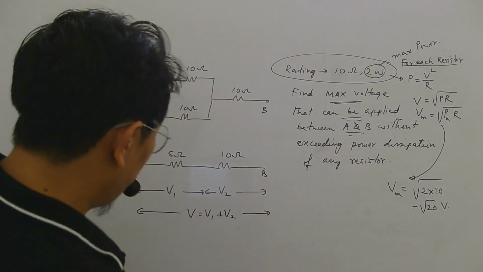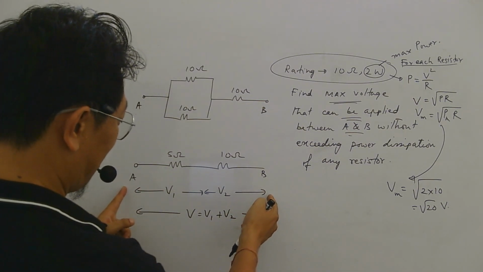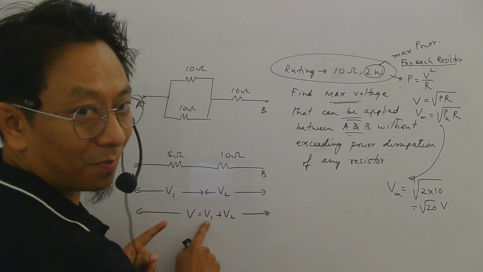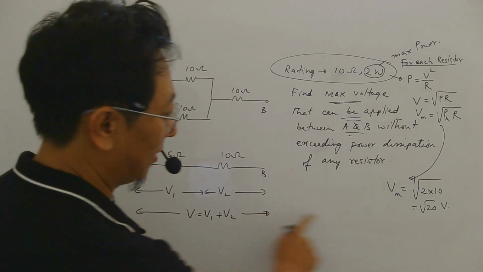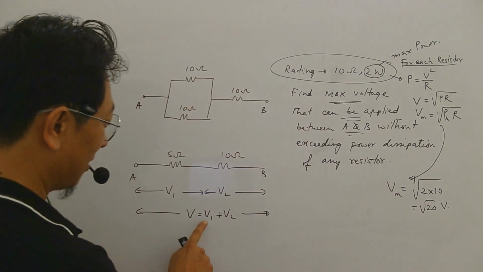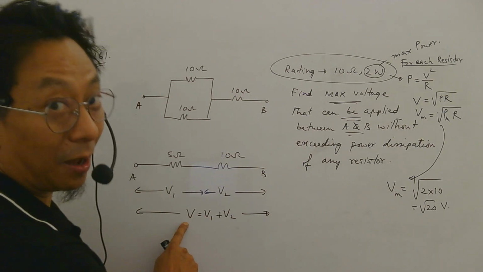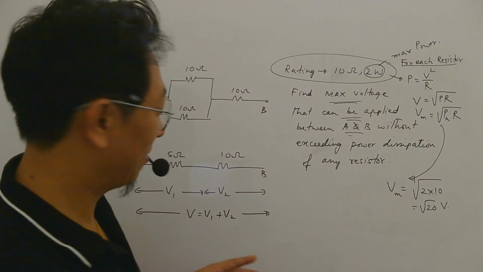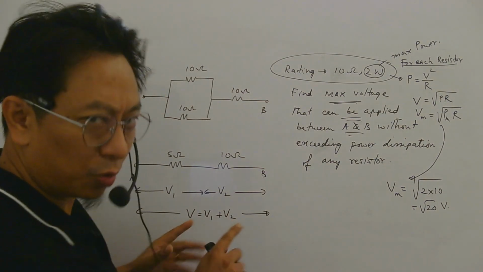Isn't it? Now some of you may think that to find the maximum voltage applied, for this to be maximum, these two should be maximum. And for each resistor, what is the maximum voltage? Root 20. So you may think root 20 plus root 20 will give you the maximum applied voltage, because you are thinking this will be maximum when these two are maximum, which is correct thinking.